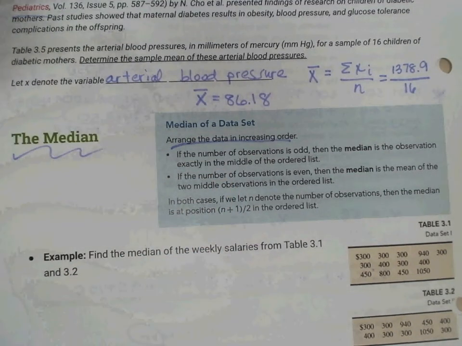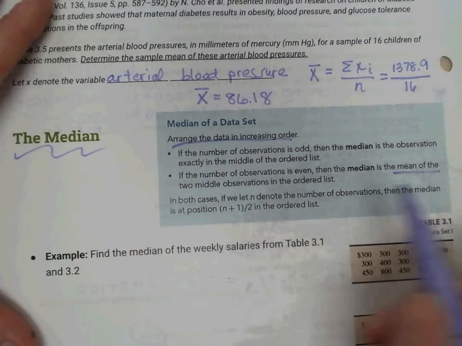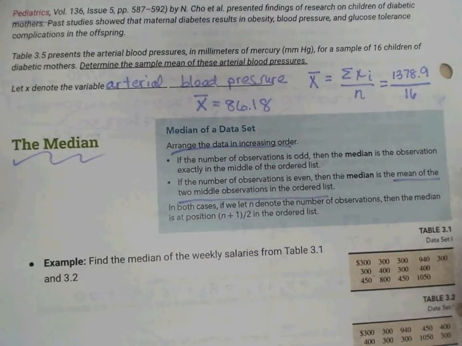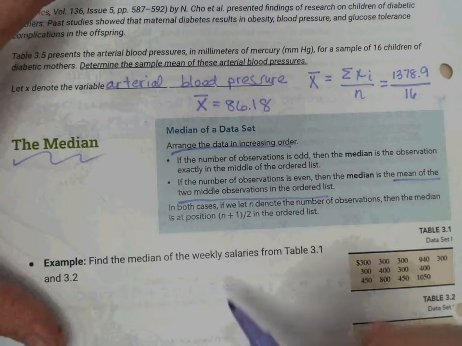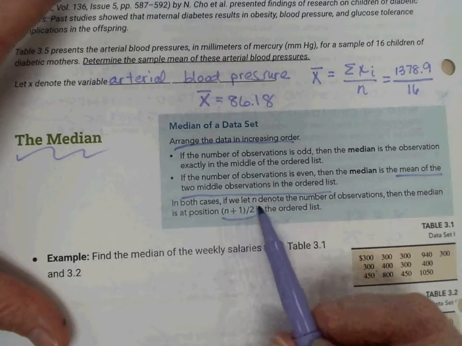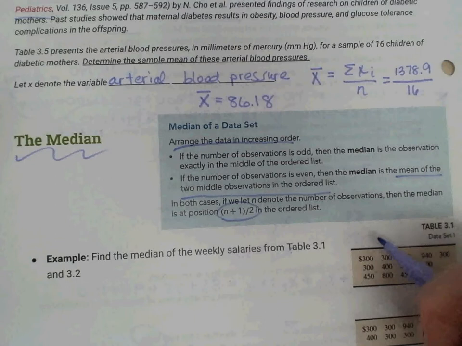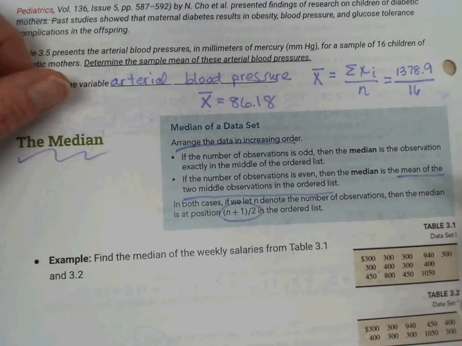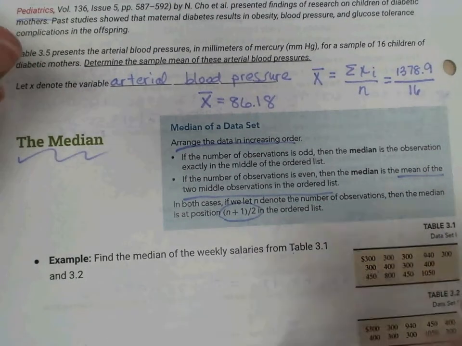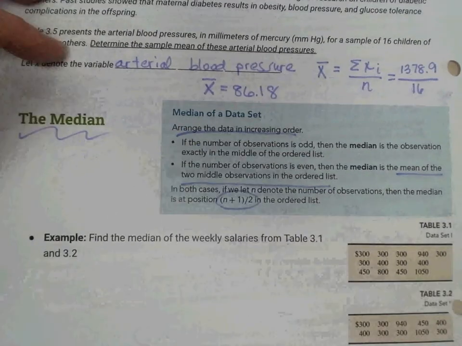If the number of observations is even, the median is the mean of the two middle observations in the ordered list. In both cases, if we let n denote the number of observations, then the median is at position n plus 1 divided by 2 in the ordered list, which is a convenient formula to remember.